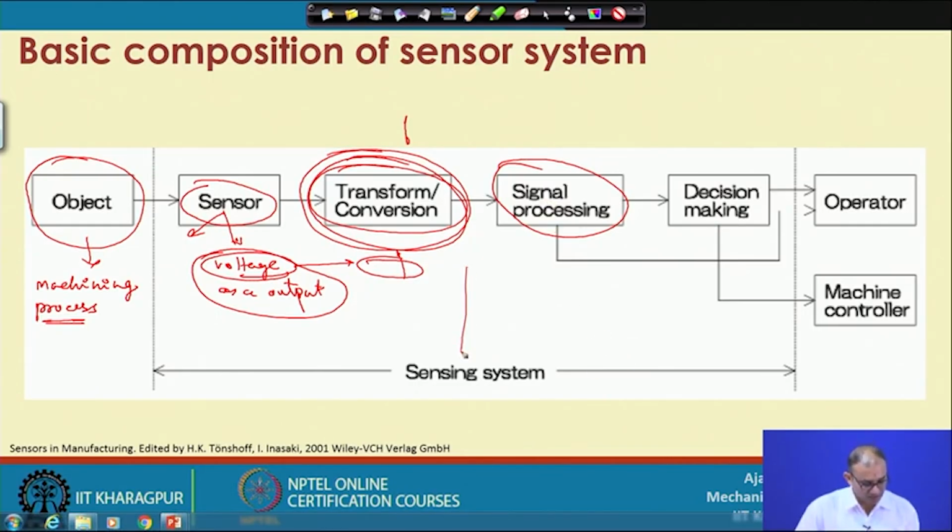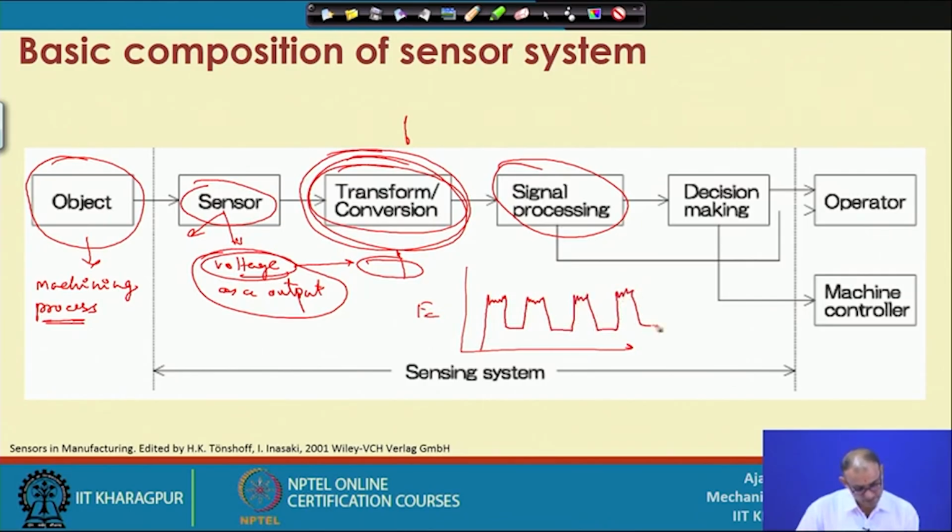Suppose this is the cutting force signal, and you are getting some type of signal like this, right, and this is the second. Now, you want to see how many times it has crossed this particular value. It is showing 1 time, 2 times, 3 times, 4 times. So, these are the different techniques by which you can do some type of post processing onto the signal. That is called signal processing. You want a peak only, or you want an average value of these signals.